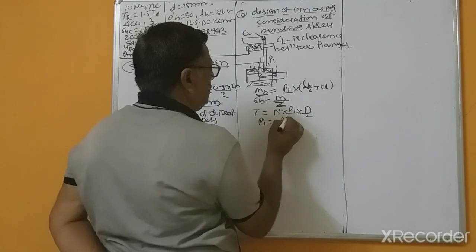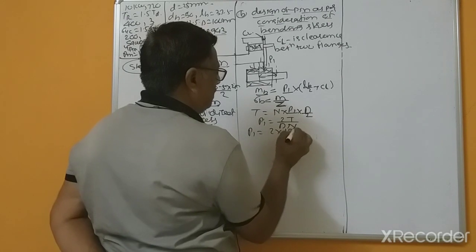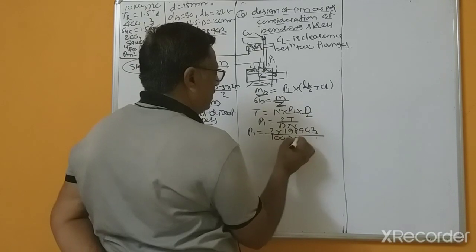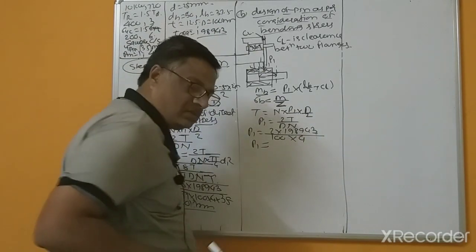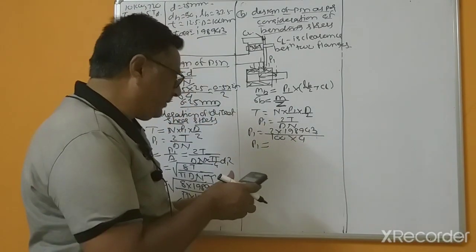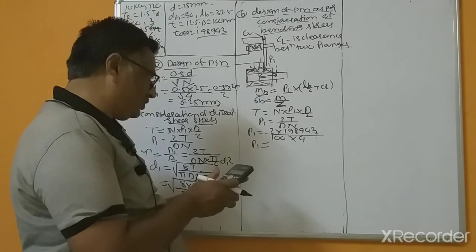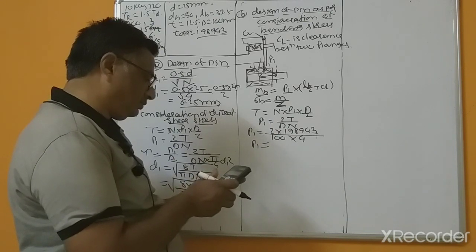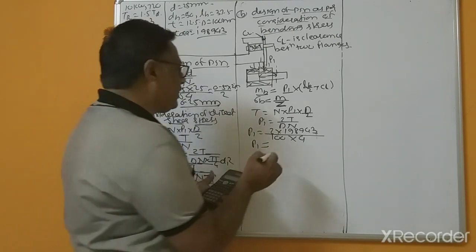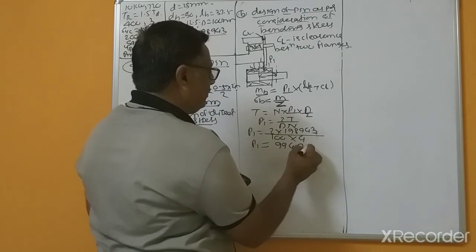P1 is equal to 2T by dN, which is 198943 divided by 100 divided by 4. This is 994.7 Newton.